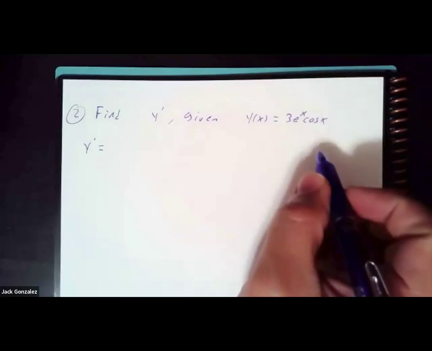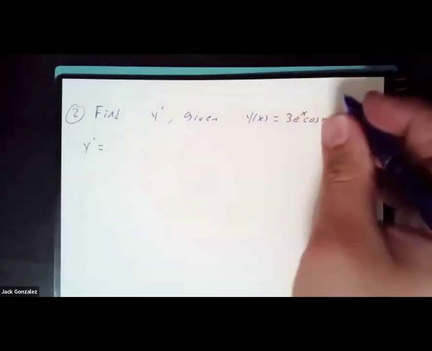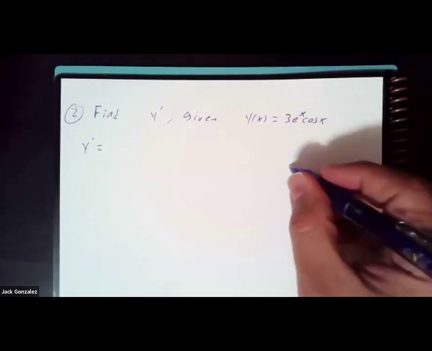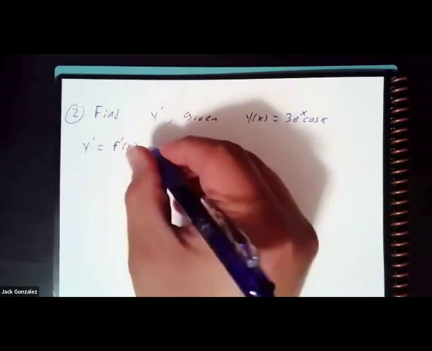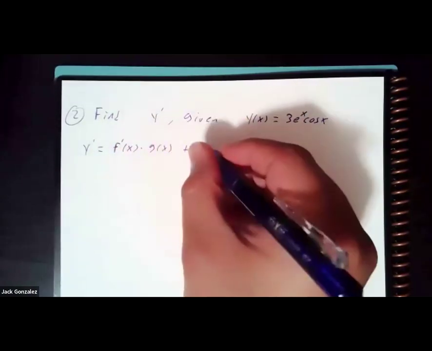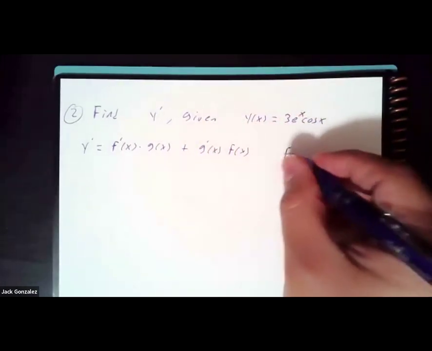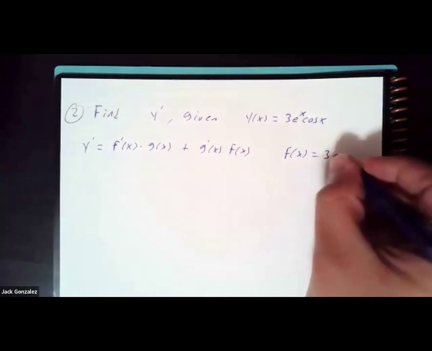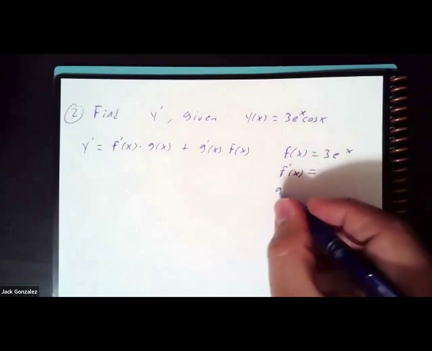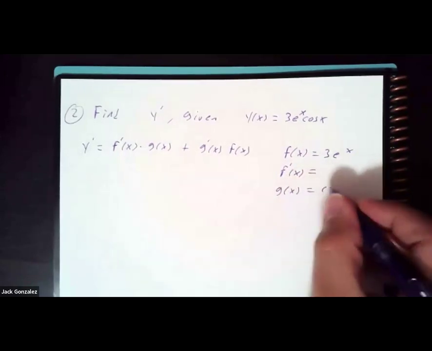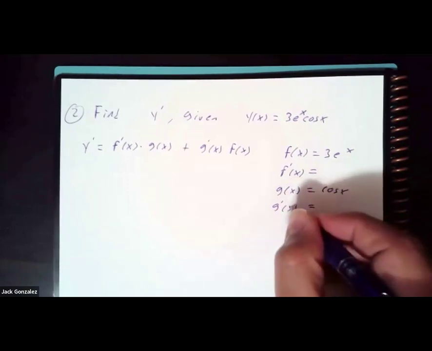So again, this is a product. I'll write this first. We'll say f is 3e to the x, derivative will be something. g will be cosine, g prime will be something.